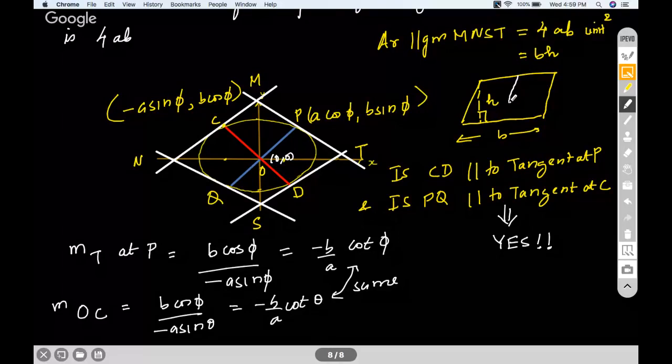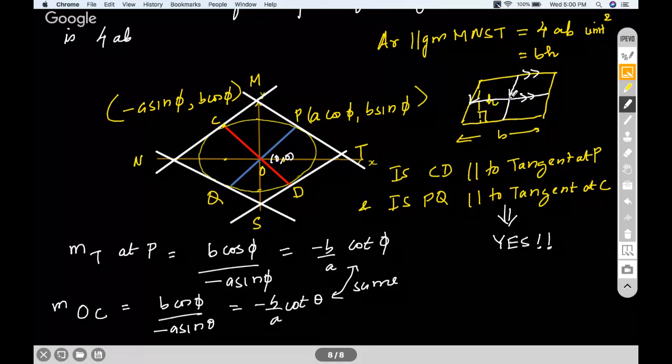Yes, they are. Right? So if they are, it is something like this. I mean, you have a line like this, which is parallel to this line. And you have a line like this, which is actually parallel to this line. Right? Okay?